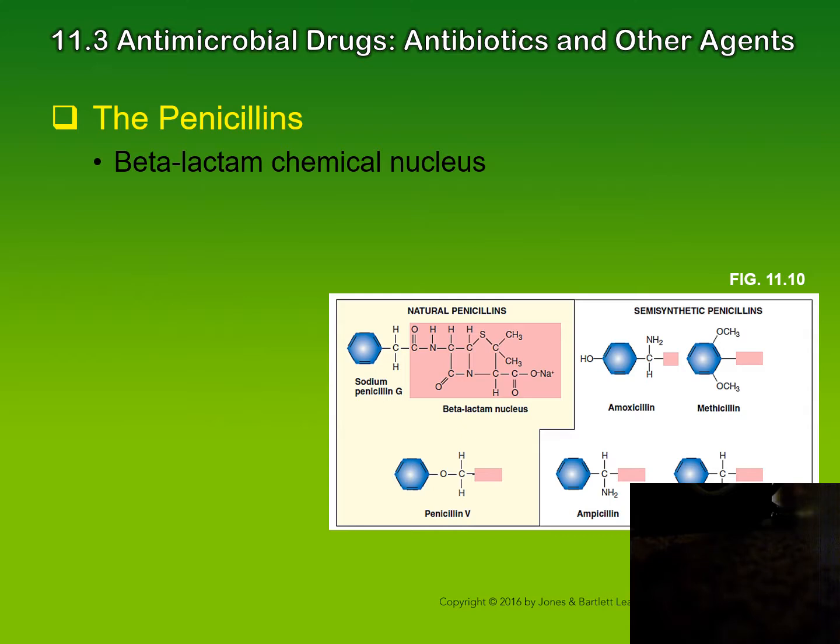There are a number of different derivatives, and these can do things like absorb in the body faster or be more stable in the body. Sometimes they can also be used to be resistant to some of the antipenicillin resistance factors. But the penicillins all have this beta-lactam structure as the main thing that is causing them to do the killing.